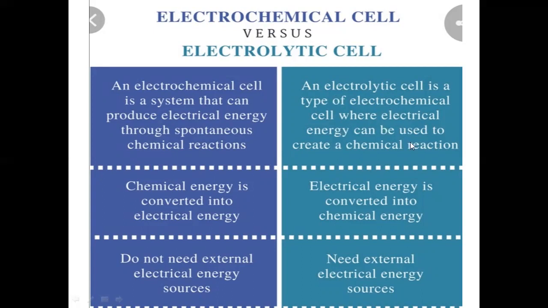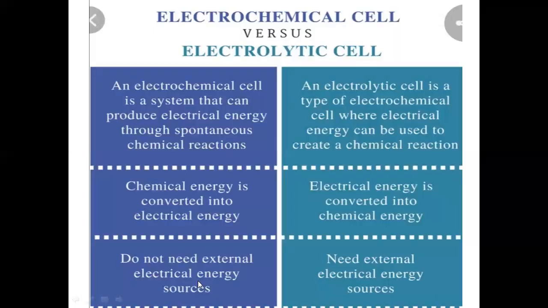Now, in voltaic cell, chemical energy is converted into electrical energy, while in electrolytic cell, electrical energy is converted into chemical energy. In voltaic cell, we do not need external electrical energy or external sources to run the chemical reaction.